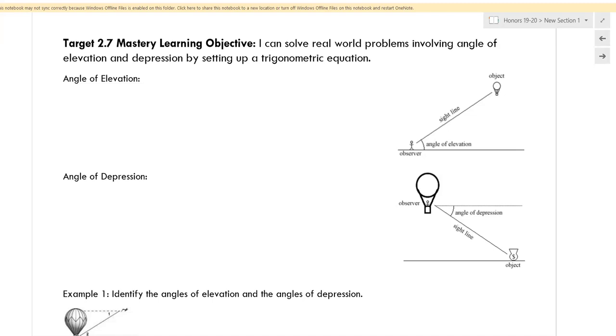The word problems will always tell you if you're looking at an angle of elevation or an angle of depression. So an angle of elevation is the line of sight up from a horizontal line.